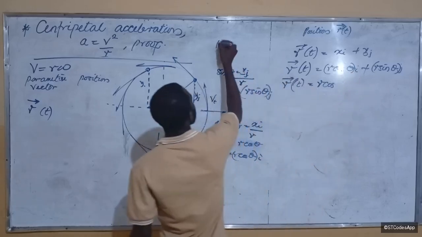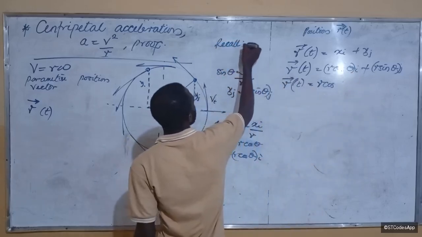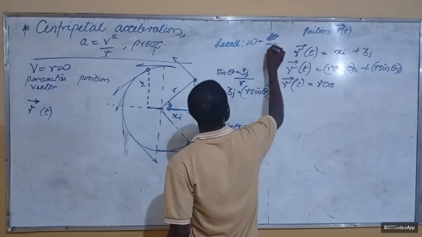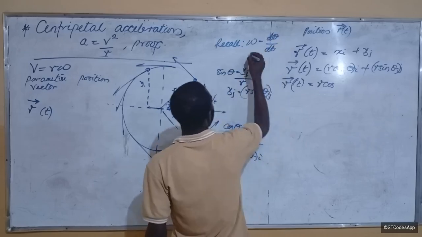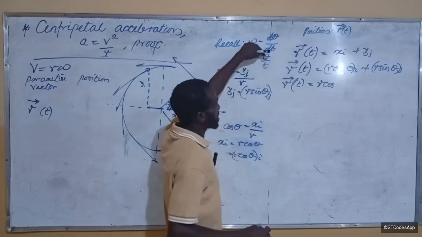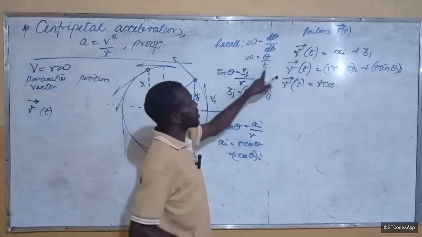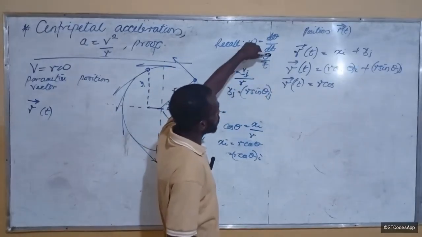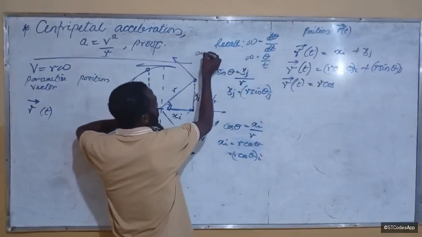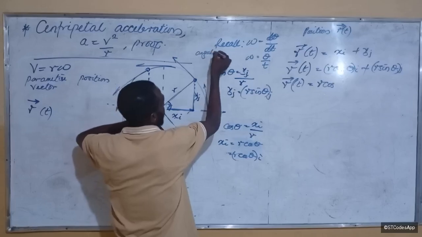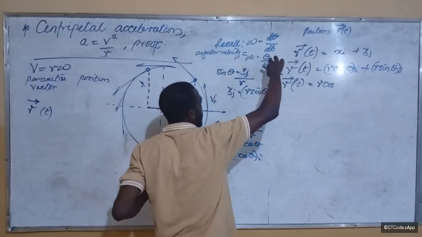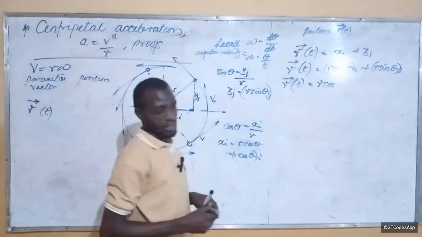Recall that the angular speed is equal to d theta dt, or basically theta over t, that is angular distance covered per time. Omega is what? Angular velocity. So the angular velocity is angular displacement over time. Is that clear?